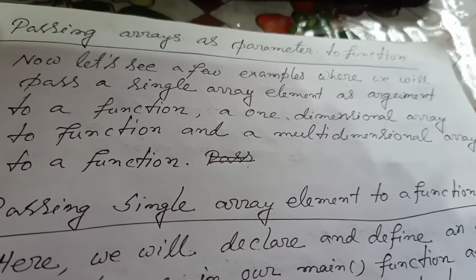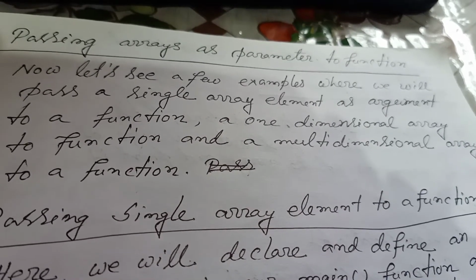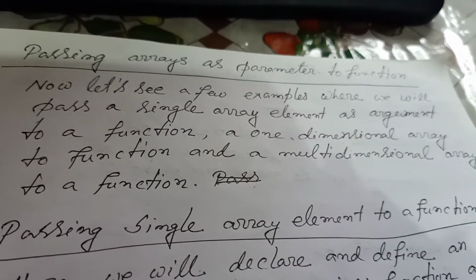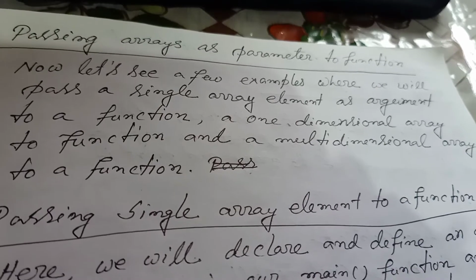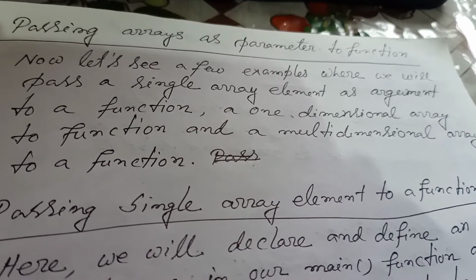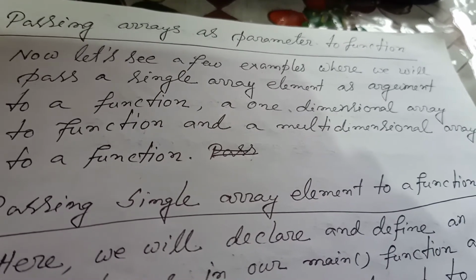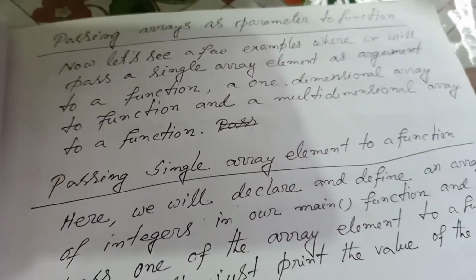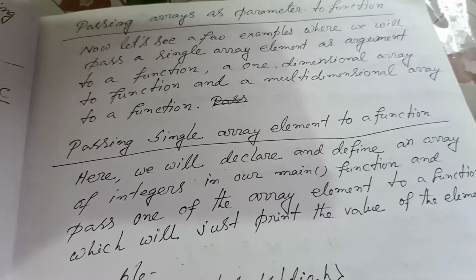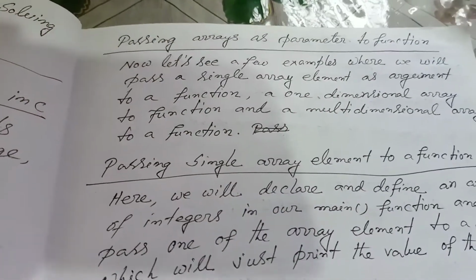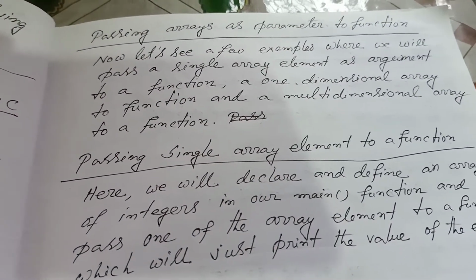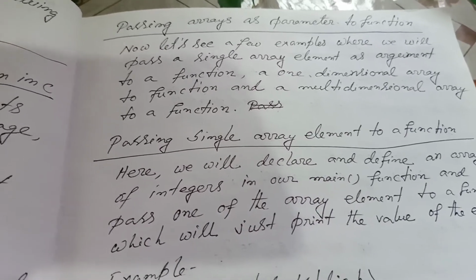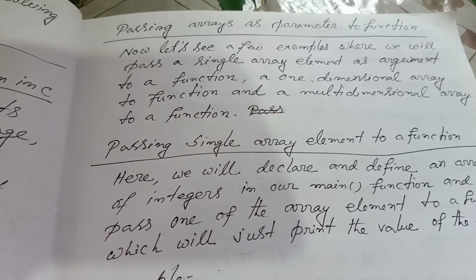Let's see a few examples where we will pass a single array element as an argument to a function, a one-dimensional array to a function, and a multi-dimensional array to a function. So we are taking three types of examples. In the first example, we are taking a single array element which is passed as an argument to a function.